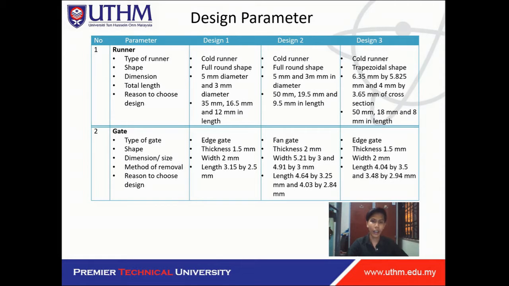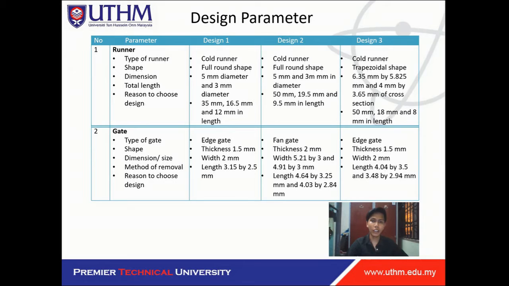For runner, at design 1, we are using cold runner, full round shape, 5 mm diameter and 3 mm diameter, 35 mm, 16.5 mm and 12 mm in length. For design 2, we are using cold runner, full round shape, 5 mm and 3 mm in diameter, 50 mm, 19.5 mm and 9.5 mm in length.